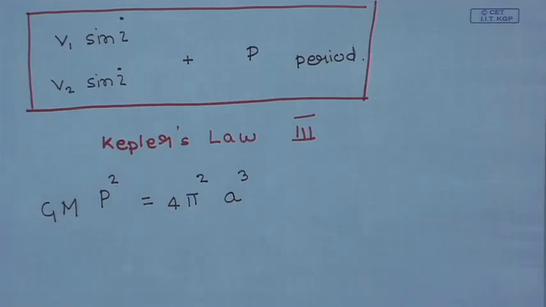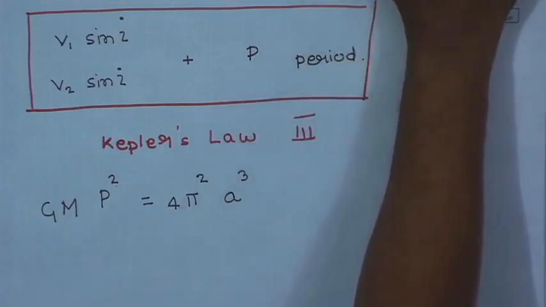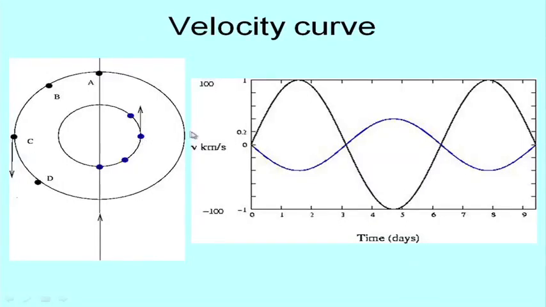So, Kepler's laws give us this relation between the period and the semi-major axis, which in this case is the radius of the circular orbits.